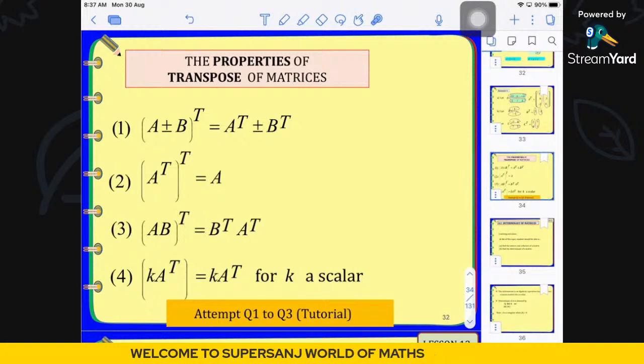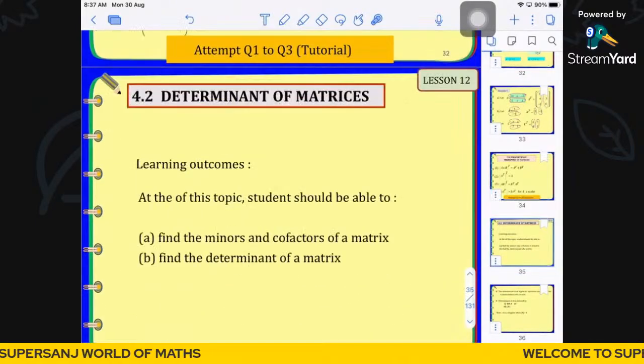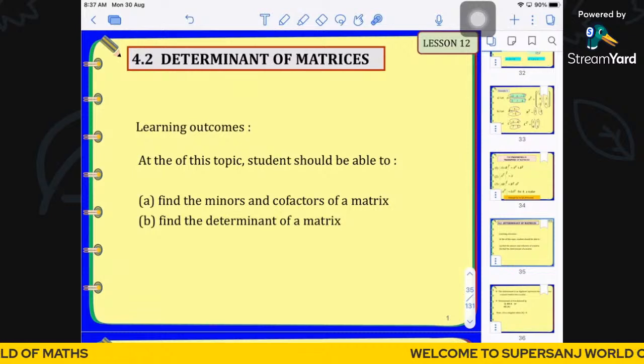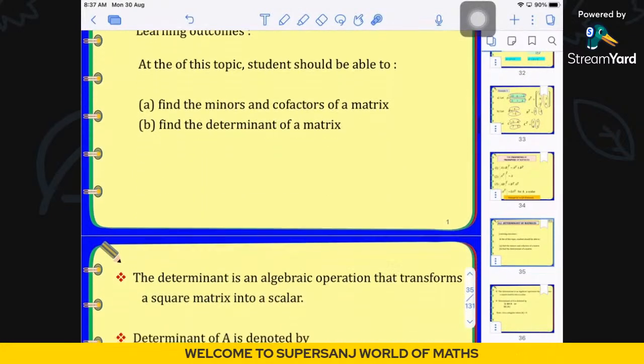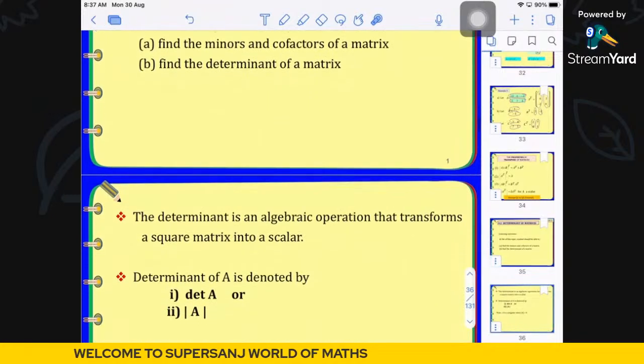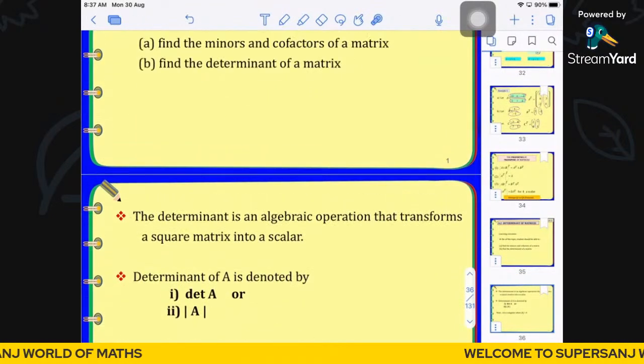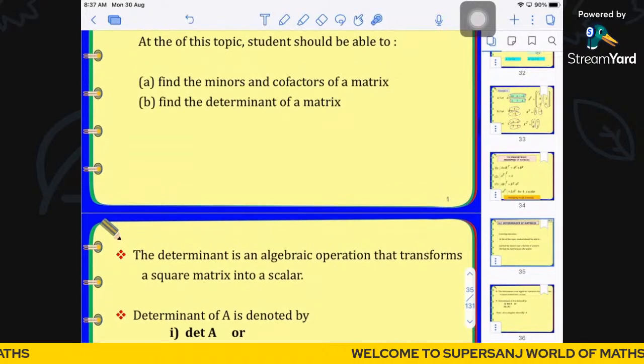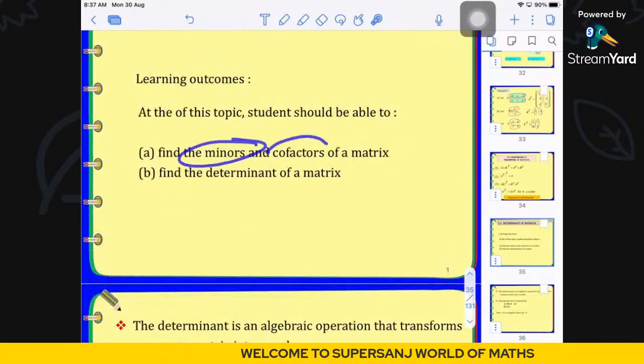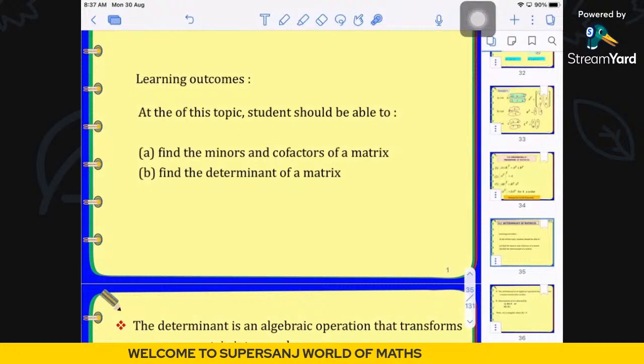Clear with that? Okay. Now, why do we study all these matrices? Because of this. We want to learn how to find determinant, and then after that, carry on to find inverse. Before we find determinant, we need to know what is our minor and cofactor. This is what you have not studied. You studied how to find determinant, but you never studied how to find minor and cofactor.